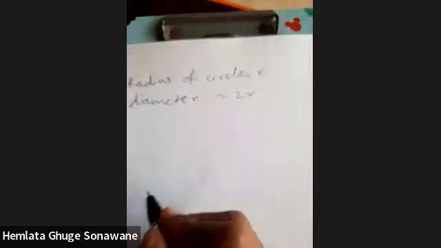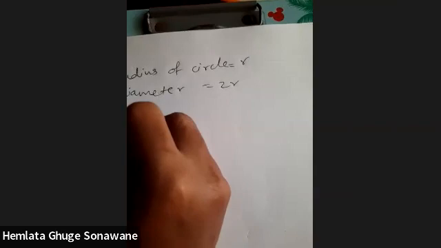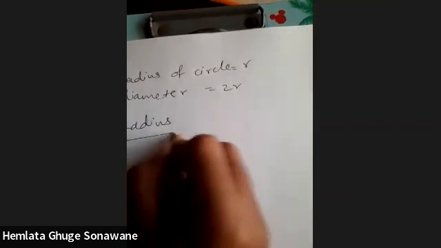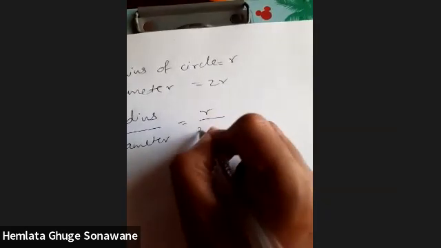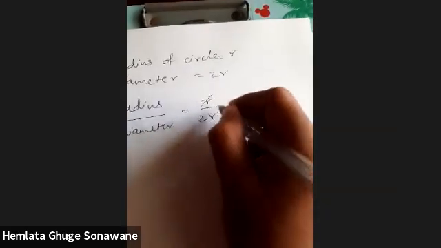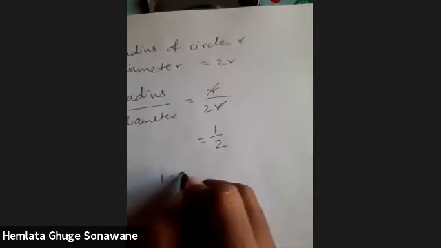Now we have to take the ratio of radius to diameter. So r upon 2r. Here r gets cancelled, so it becomes 1 upon 2. That is 1 is to 2.